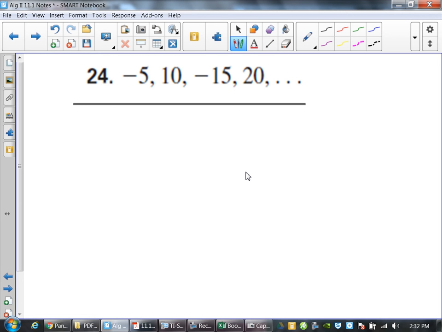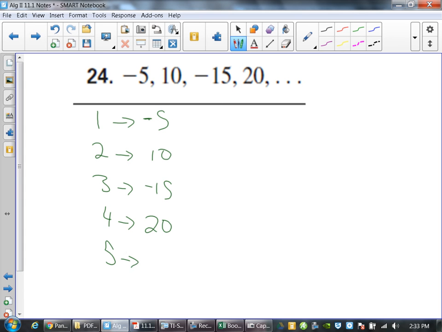So we need to figure out how in the world we are going to write this. First term was -5, second term was 10, third term, fourth term was 20. But we know that the fifth term will be -25. So we have to figure out how we're going to write this so that we can have a generic rule.